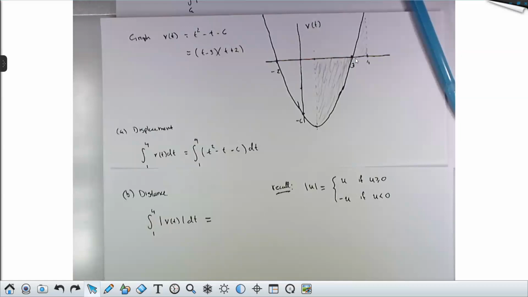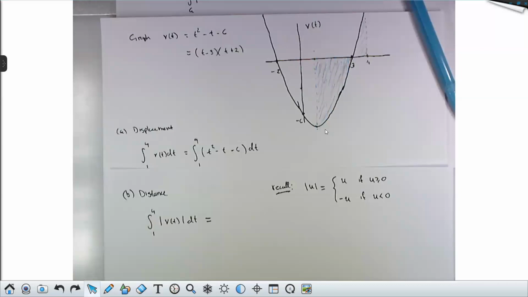So the absolute value of v of t is equal to v of t if v of t is positive, and it's equal to negative v of t if v of t is negative. In other words, we need to make sure we're counting this area as positive, but the regular integral will count it as negative.